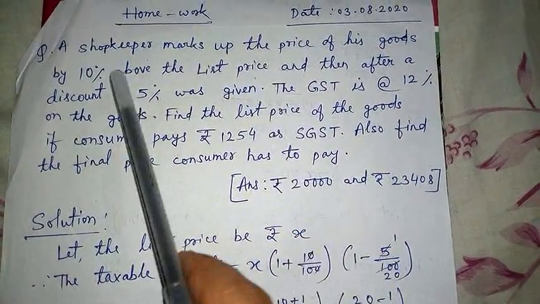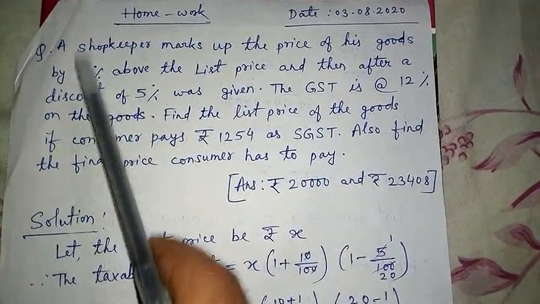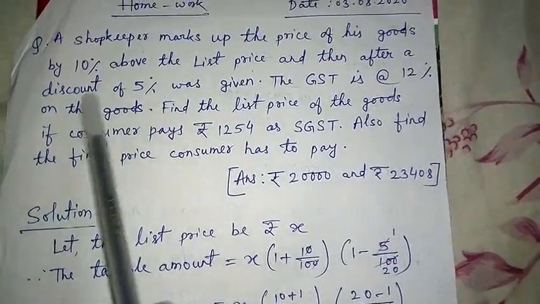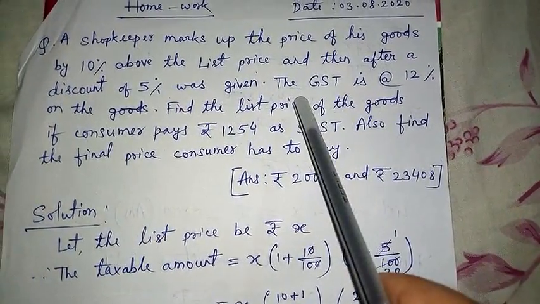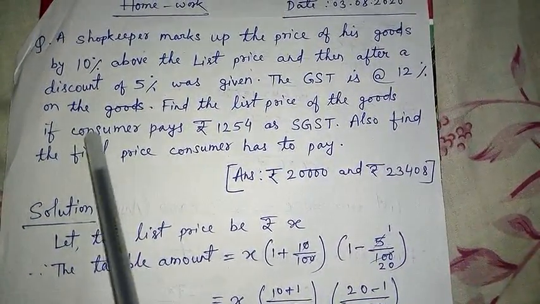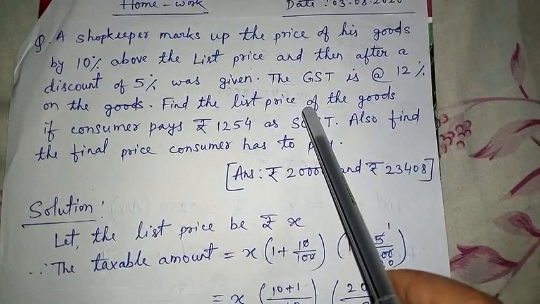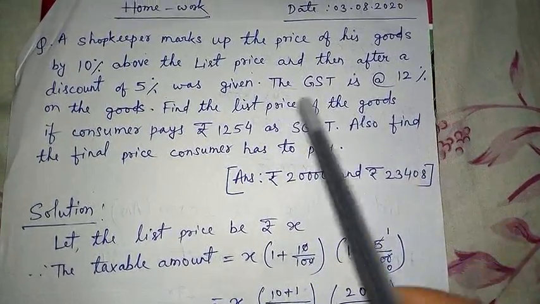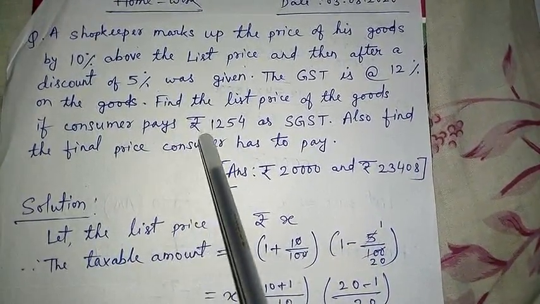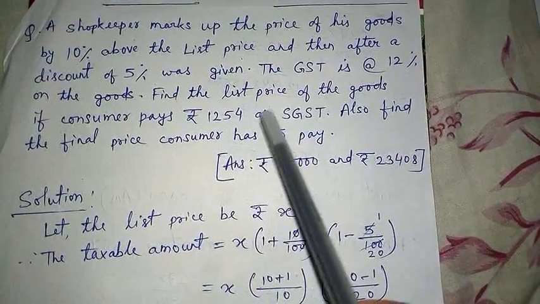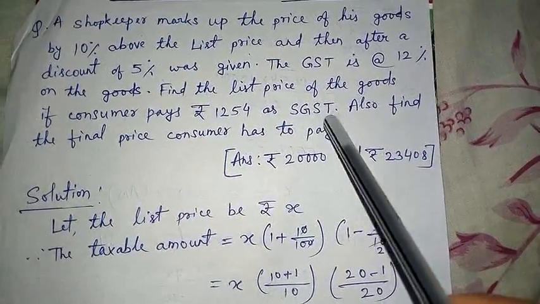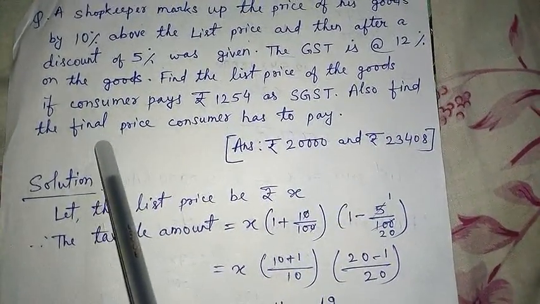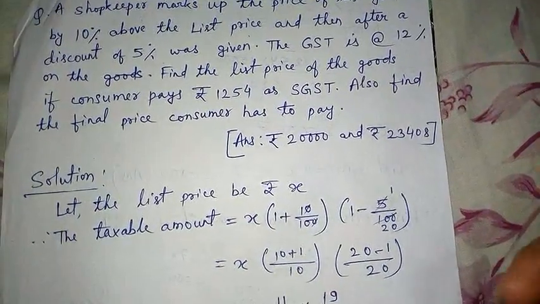So on the list price, the price was increased 10%, and again at selling time a 5% discount was given. The GST rate is 12% on the goods. Find the list price. So what was the actual price? And then if the consumer pays rupees 1254 as SGST, also find the final price the consumer has to pay.